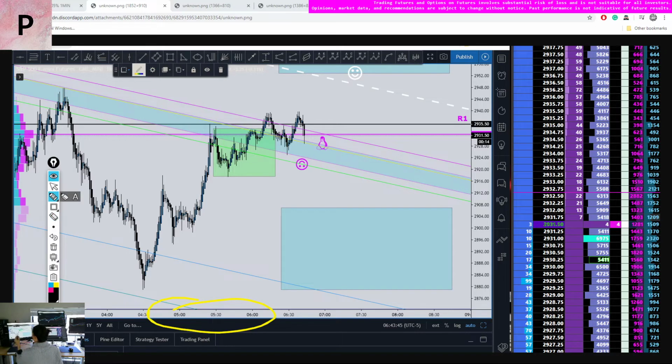You can see that the first time we tested the top of the box was during the peak of that leg higher. The market pulls back, finds support, and then you get this accumulation, and then you get a second test of that block trade, okay?